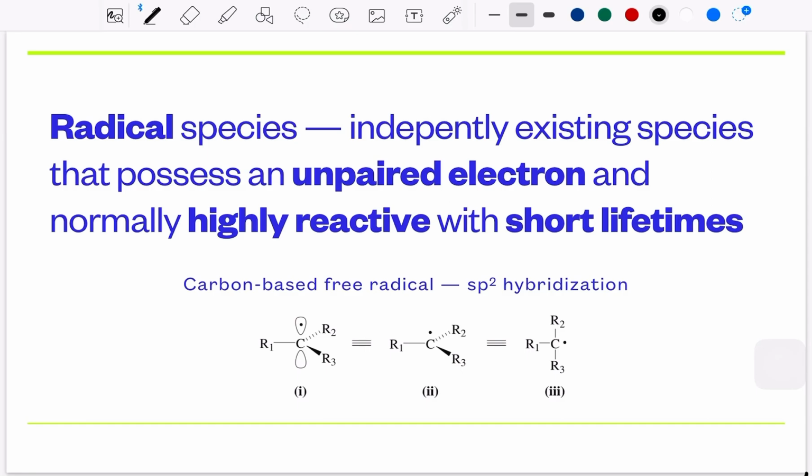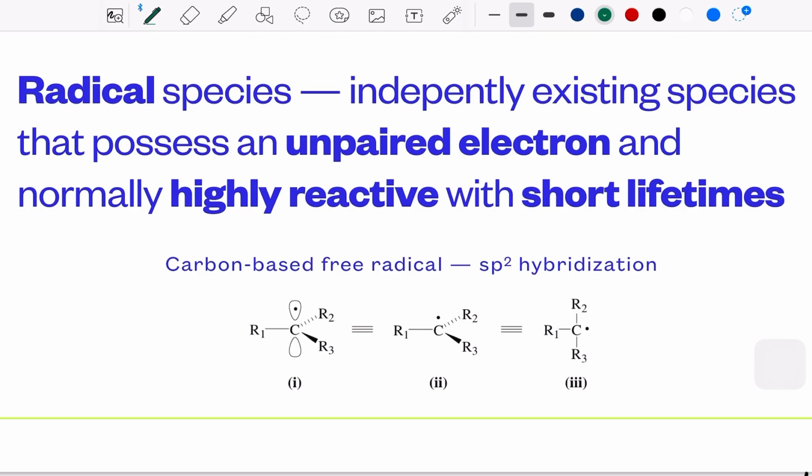If you remember, this is the sigma bond. And this is the pi bond. Or let me write here that the radical is on a p orbital.